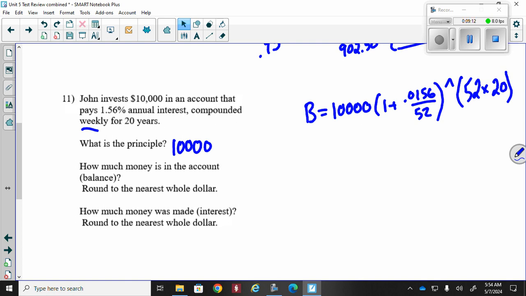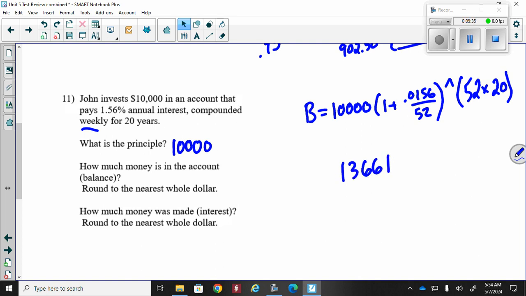All right, so my calculator, ooh, screwed up. Let's see, put the wrong stuff in. Sorry, I should have paused the video, but I didn't. There we go. So my calculator says 13,661.